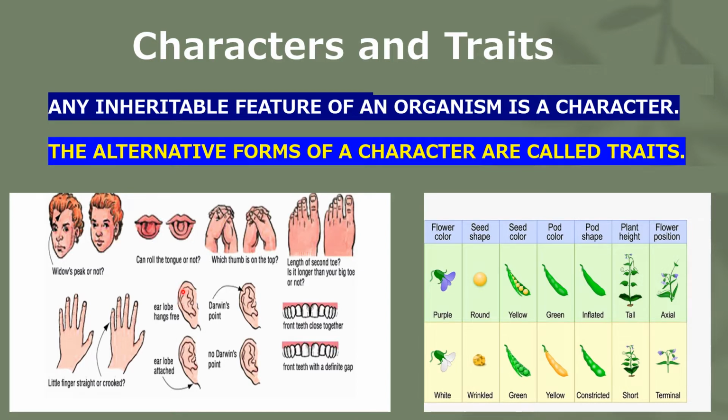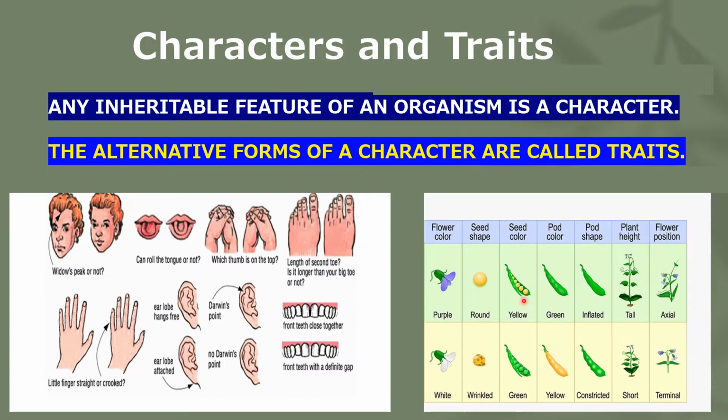In plants, there are different examples. Here we are discussing the different traits and characters of Pisum sativum. Flower color is a character. What are the two traits of that character? Purple and white. Seed shape is a character; round seed and wrinkled seed are the two traits.